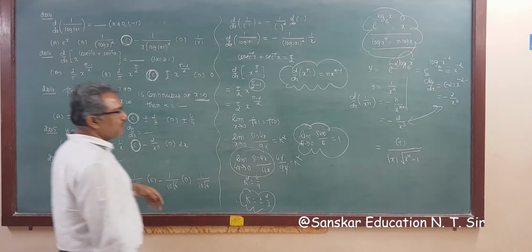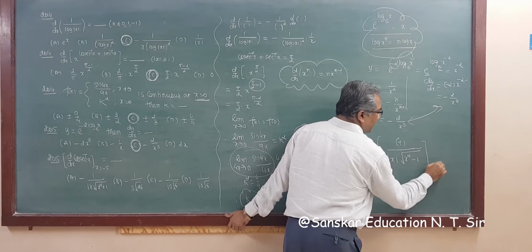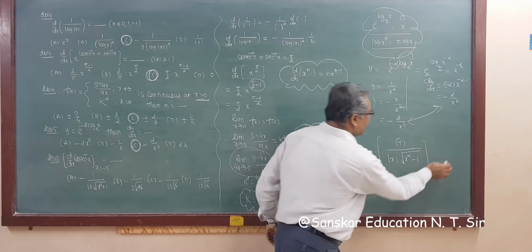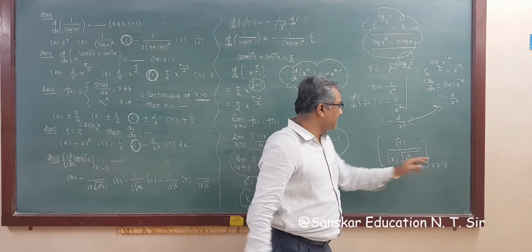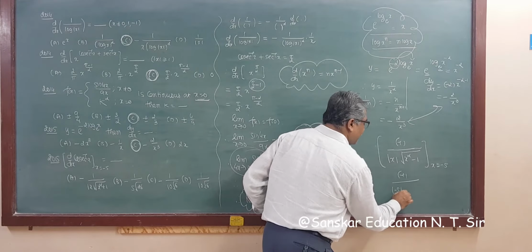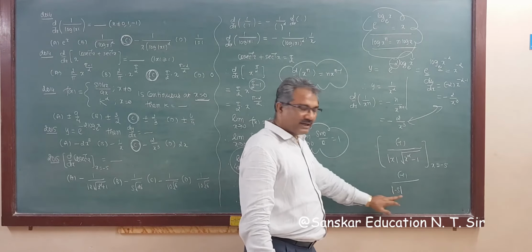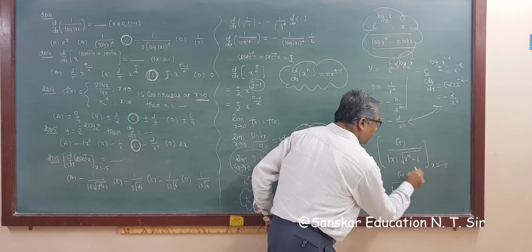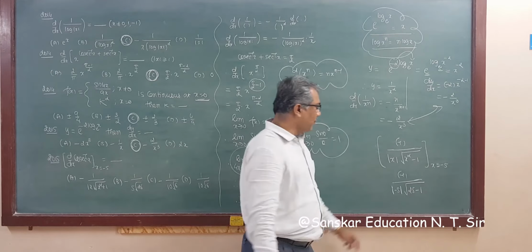At x is equal to minus 5, we have to substitute. So substituting x equal to minus 5, this becomes minus 1 upon modulus of minus 5, this is modulus of minus 5, into under root of minus 5 whole square, which is 25, minus 1, that is 24.